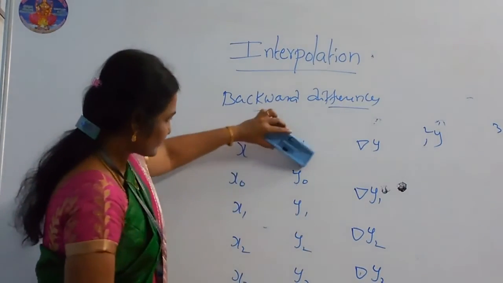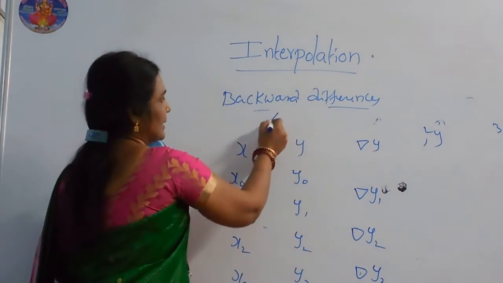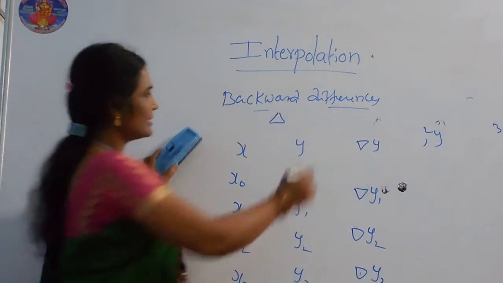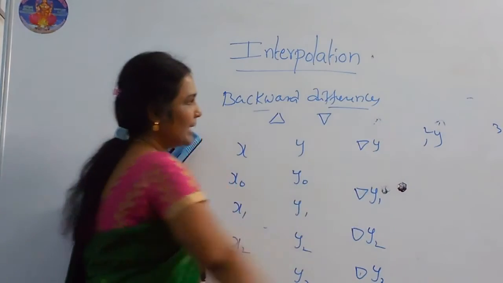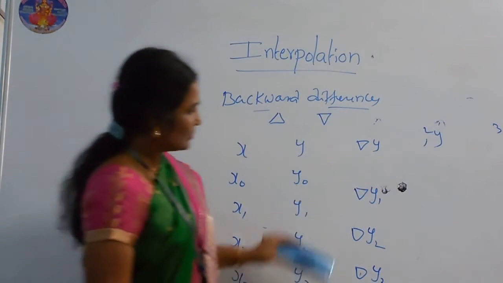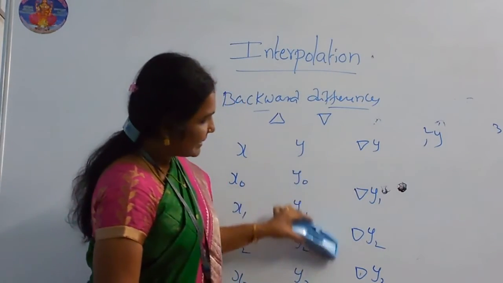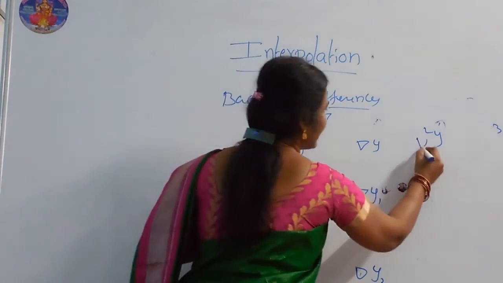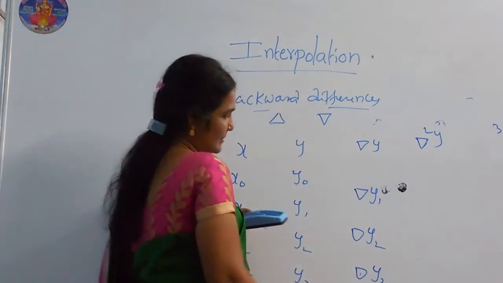And here, previously delta is known as the forward difference operator, and now nabla is known as the backward difference operator. Now with these first backward differences we can form the second backward differences.